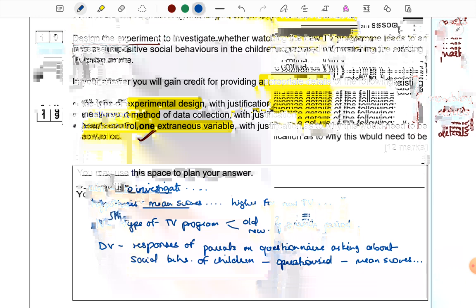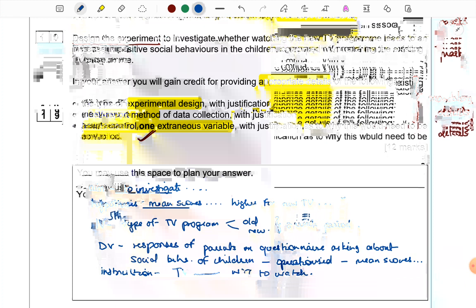Only that creates another issue, that the parents, while answering the questionnaire, could be biased because they would understand the purpose of the study. So rather than instructing them directly not to allow their children to watch programs with social behaviors, we can give them a list of programs which are currently on air on television and request them not to let their children watch those certain programs. That is a variable which comes to my mind.